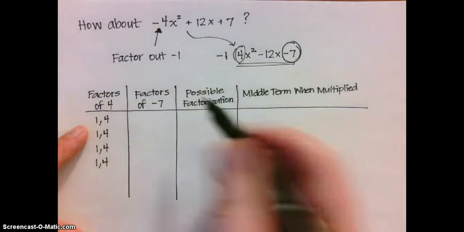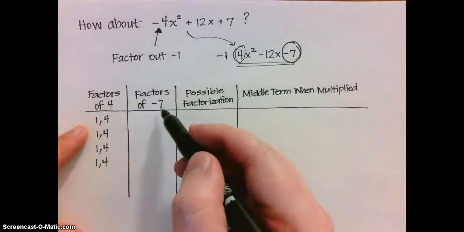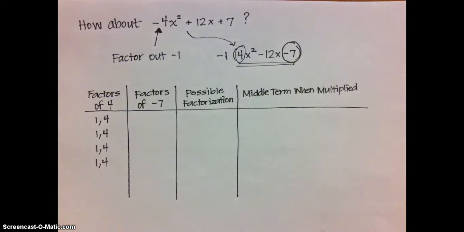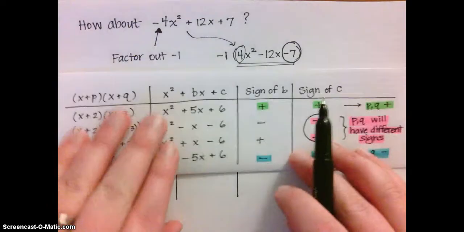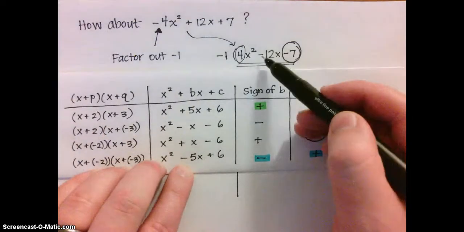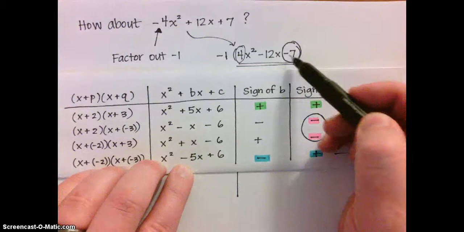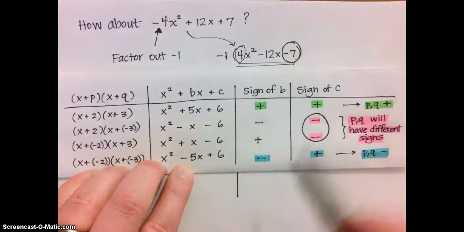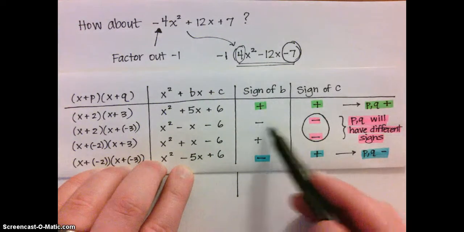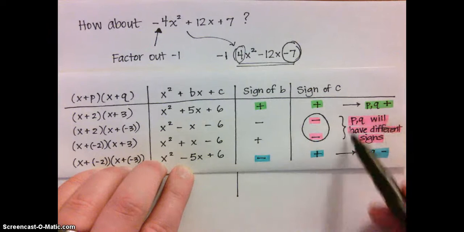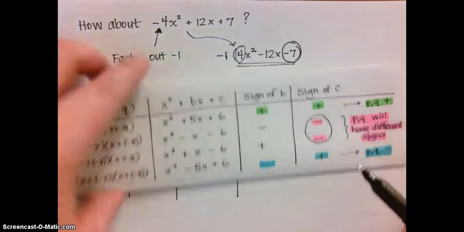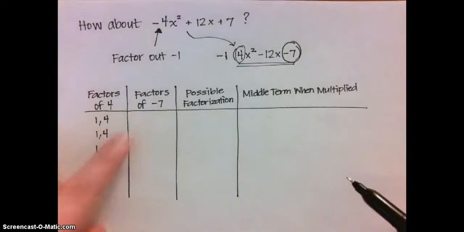Okay, the factors of -7, well, let's go back to our chart again. In our chart, we're going to be looking for a -b and a -c. So negative and negative, oh, that's the second line. That means that the p and the q will have different signs. So we're going to write the different variations.